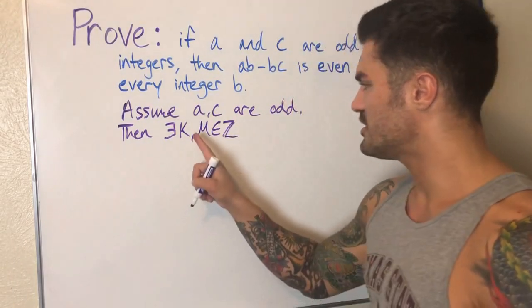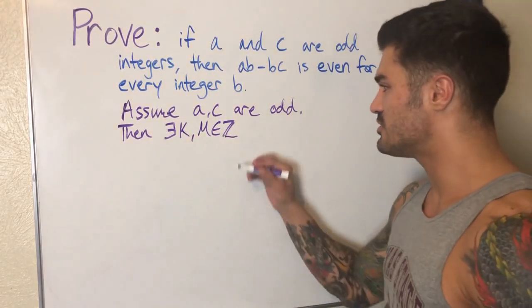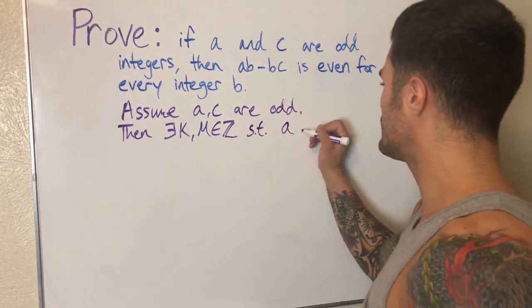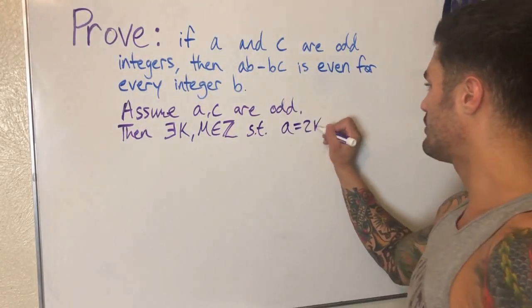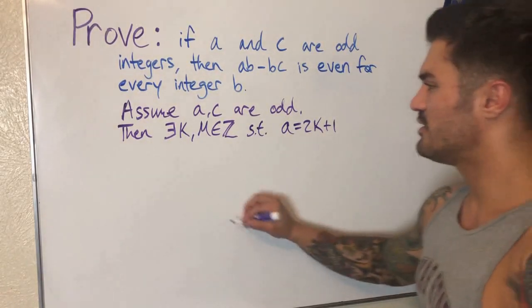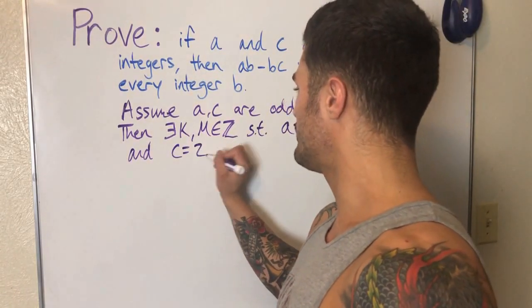Alright, so there exist k and m that are elements of the set of integers such that what? Let's see, a equals 2k plus 1. And I'll go ahead and go to this line. c equals 2m plus 1.